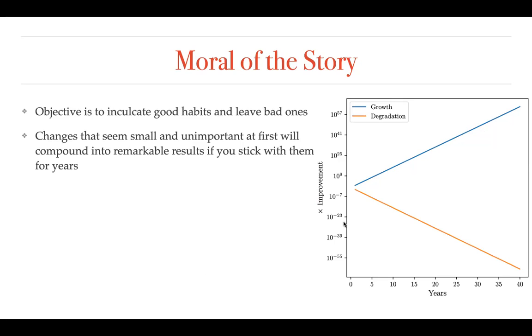So for example, let's say you consider this plot. Let's say I have promised myself that in some sense I'll improve myself by 1% every day. So this is what the improvement curve looks like. This is a logarithmic scale if you see it carefully.